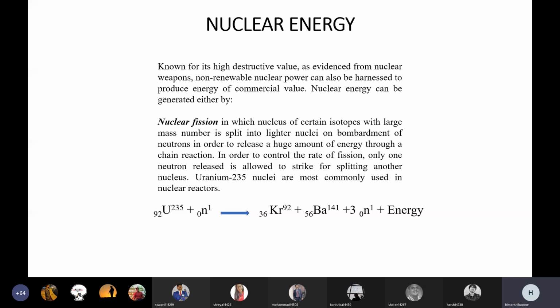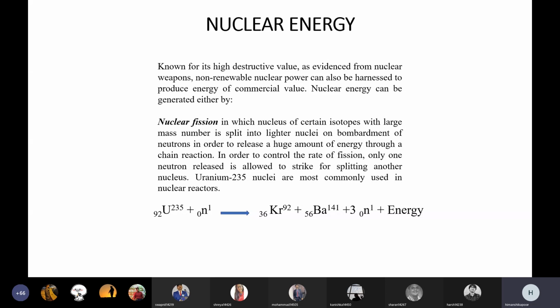Now coming to the two reactions, nuclear fission and fusion. Who will explain what is nuclear fission? The breaking of a large unstable nucleus into two or more smaller nuclei, which releases energy.